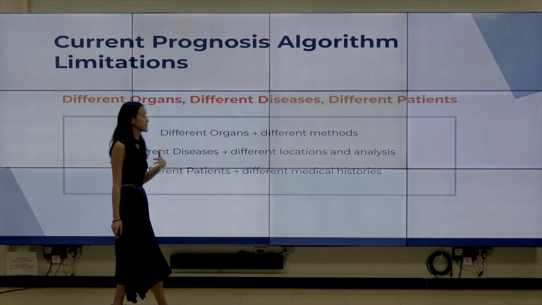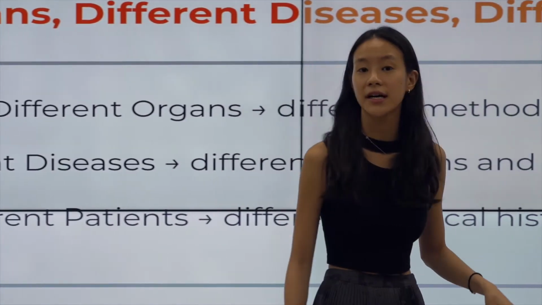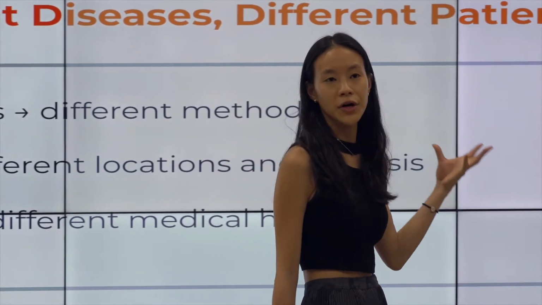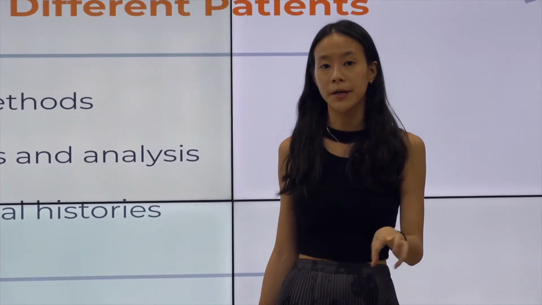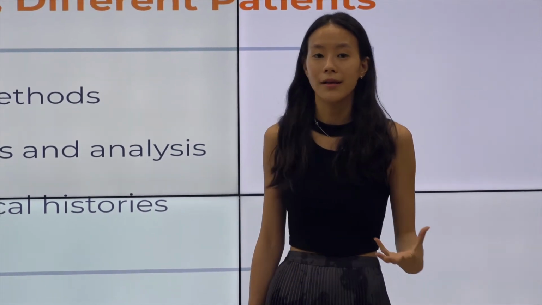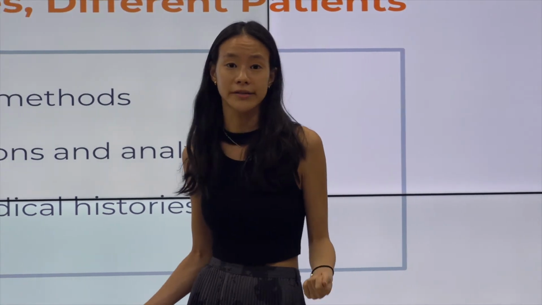Another thing to note is that for different diseases, for different locations, there's always going to be different kinds of analysis. So for some kind of brain tumor, it may or may not appear in certain areas. A lot of the time we make predictions or diagnoses based on doctors' experience.